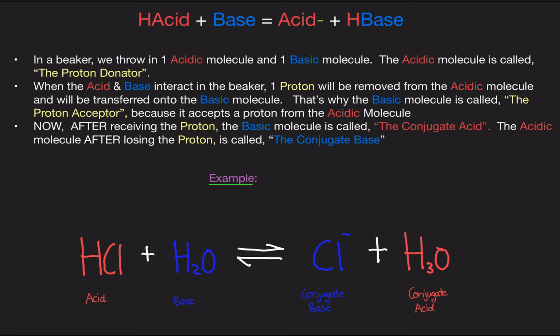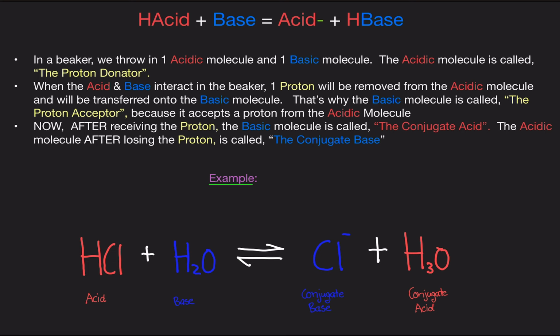So the acidic molecule is donating its proton to the basic molecule. That's why the basic molecule is called the proton acceptor, because it's accepting the proton. After receiving the proton, the basic molecule is called the conjugate acid, and the acidic molecule, after losing the proton, is called the conjugate base.